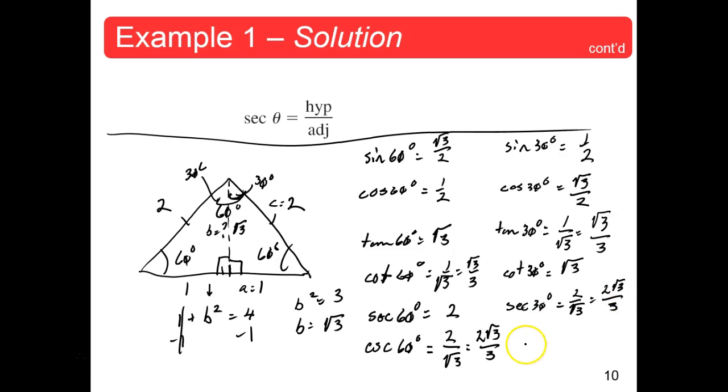Perfect. And the cosecant of 30 degrees, which would be 2. Perfect. Way more than they asked for, but guess what? There's no extra charge. So you get those for free.